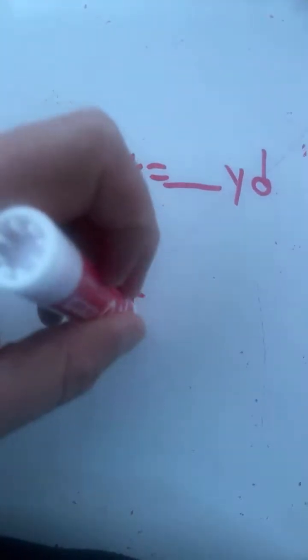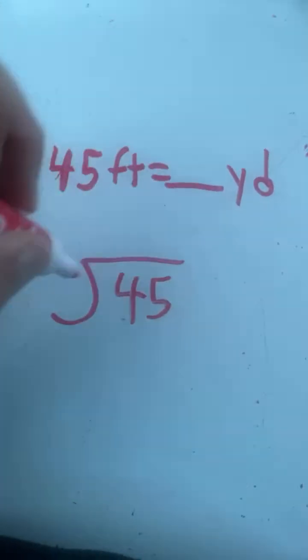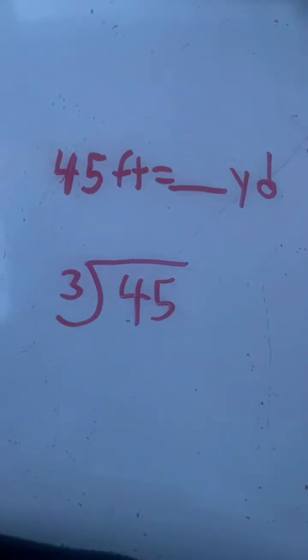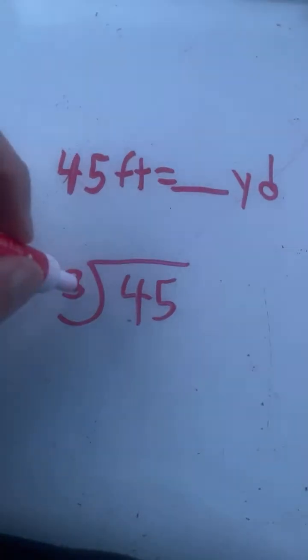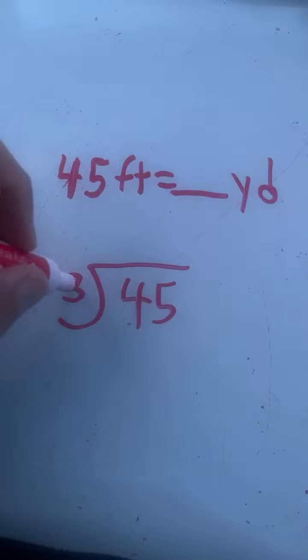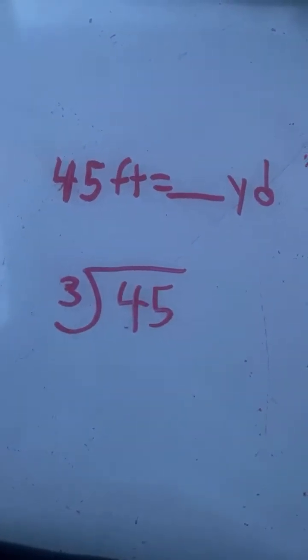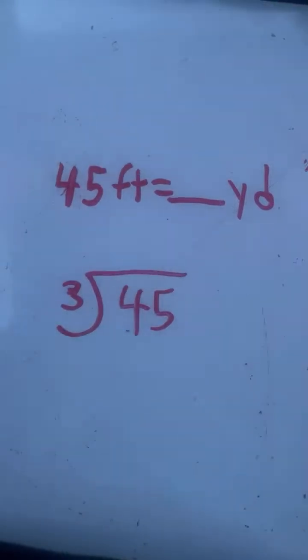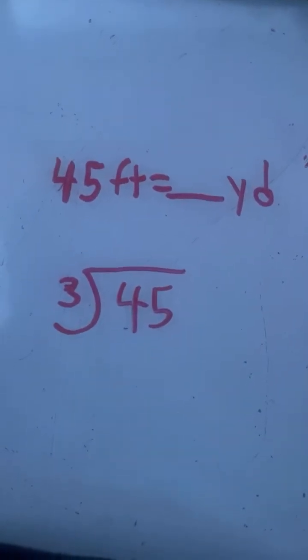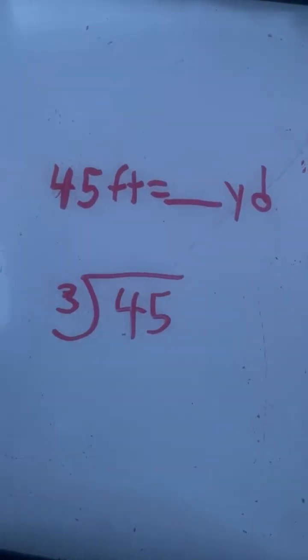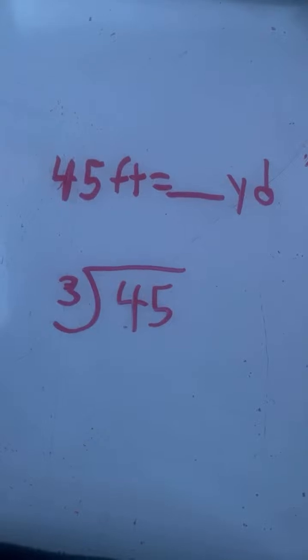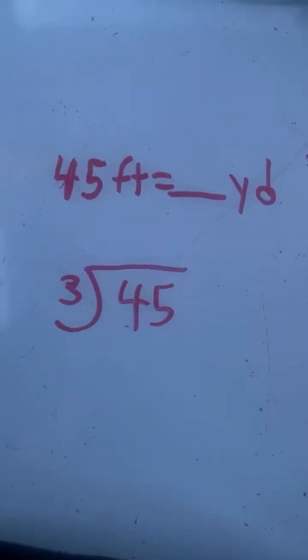So now we got to do 45 divided by 3. Again, I know the answer in my head, but if you aren't able to do it in your head, I would count by 3, see how many groups of 3. You know what? I'll do it out.